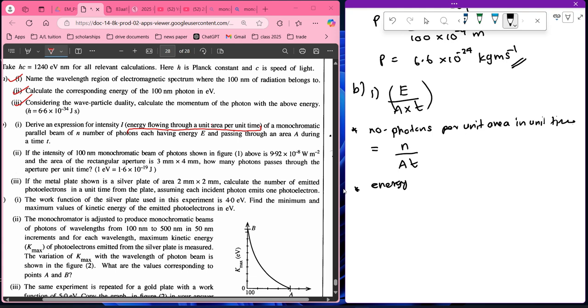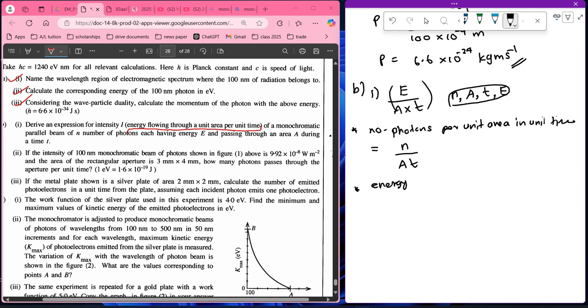The symbols that we should be using, note them down separately. We need to use the symbol n, then A, then t, then E, and that's pretty much all, right? We need to use all these symbols.